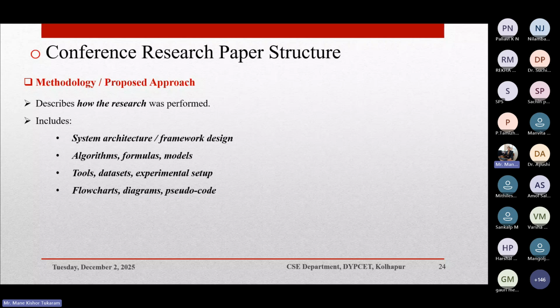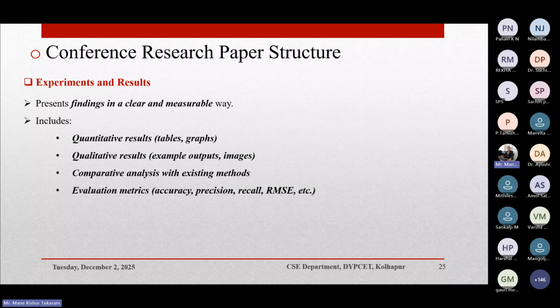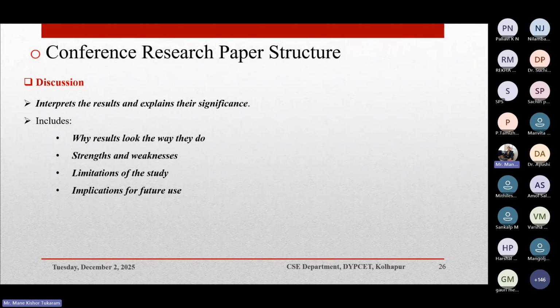And again, discussion means what? In the experimental results, we can present our results in the form of tables and graphs. And in the discussion section, we can discuss the different contents. Okay, so all those things we can write inside our research paper.